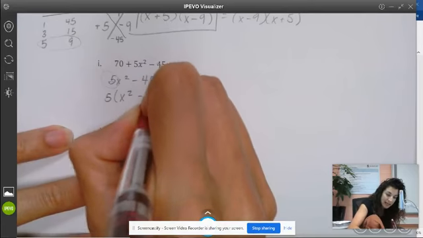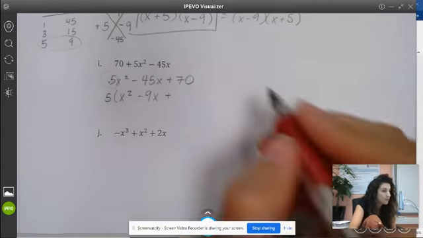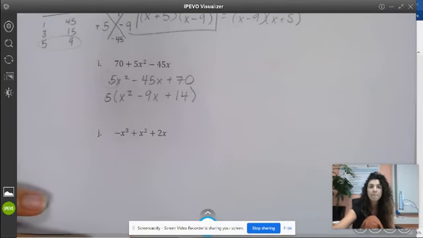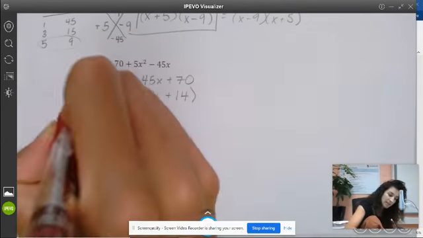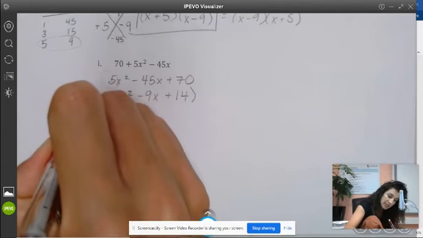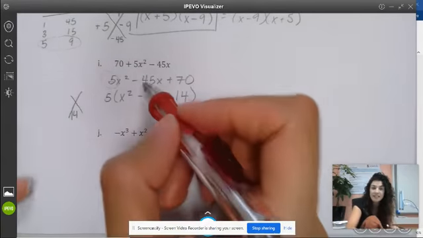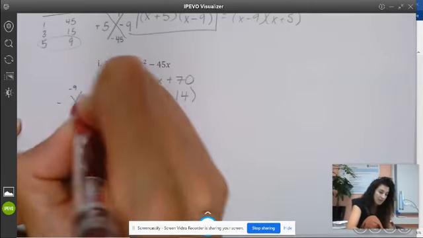x squared minus 9x plus 14, I think. And now we can focus on two numbers that multiply to 14. It's positive, which means they either are both positive or both negative. And since it's a negative 9 here, I know that they are both negative.